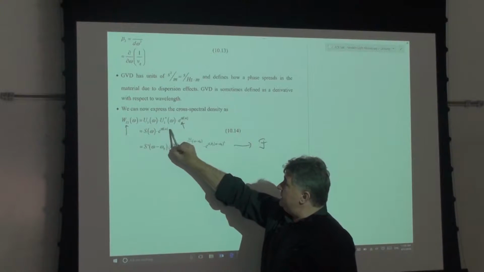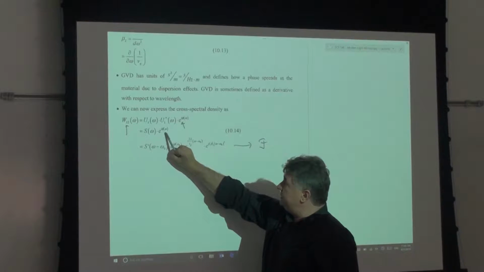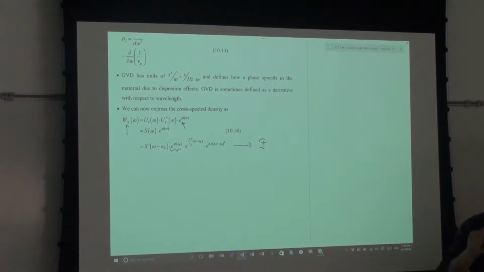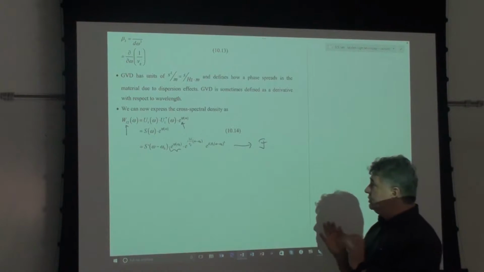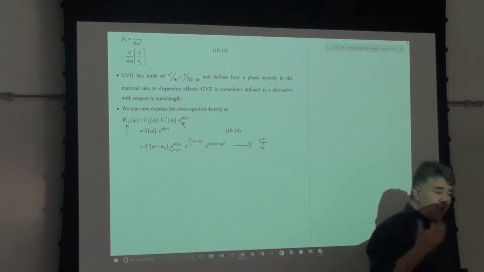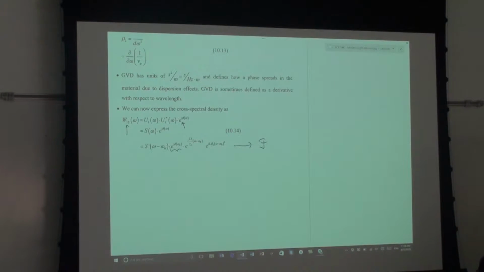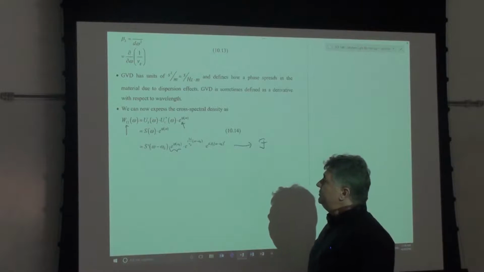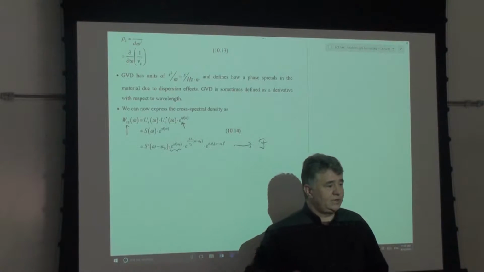And that will mean, first of all, we expanded this phase in Taylor series. So this is a traditional way of doing things, because each kind of term or each power in frequency belongs to a different phenomenon, or they get different names. It's pretty much the model from the aberrations I mentioned to you.